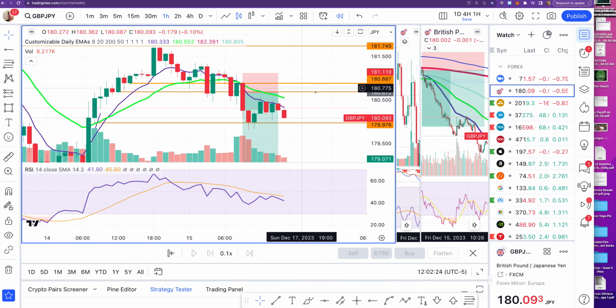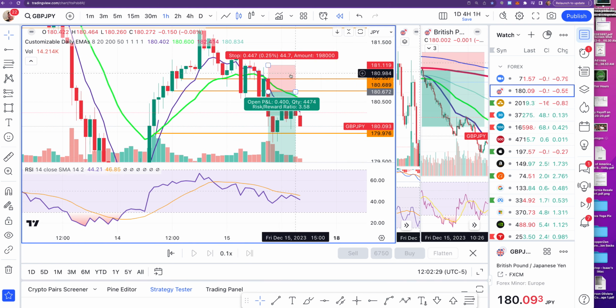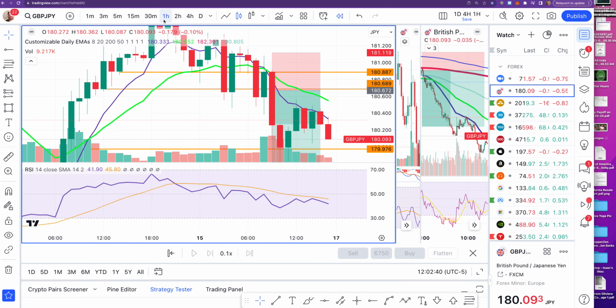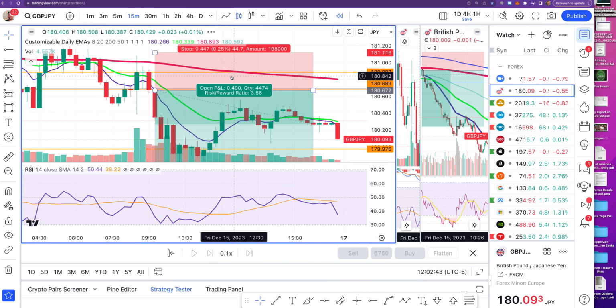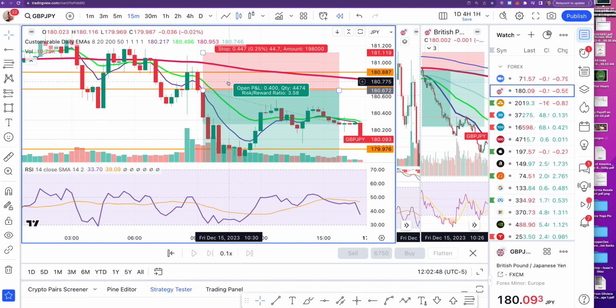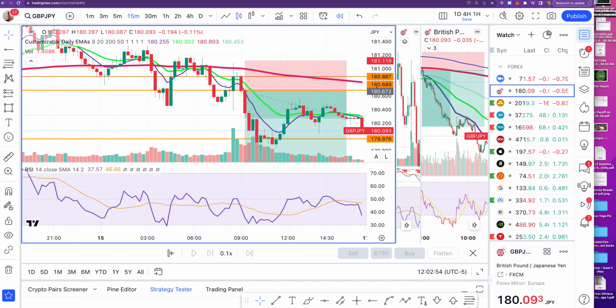If you see dragonfly dojis, very often they are reversal symbols, especially if they happen right at a fast cross of the 8 over the 20. In this case, on the 1 hour, switching back and forth here, you got a dragonfly doji here, and you're trading 1 hour and 15-minute charts is what you're doing.